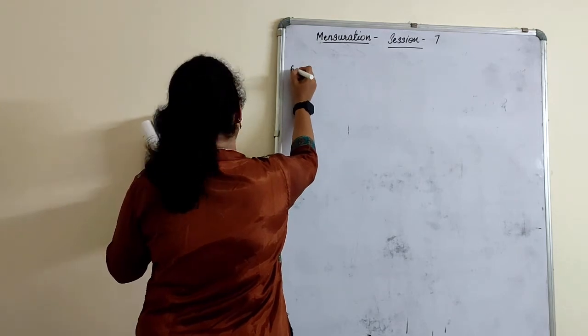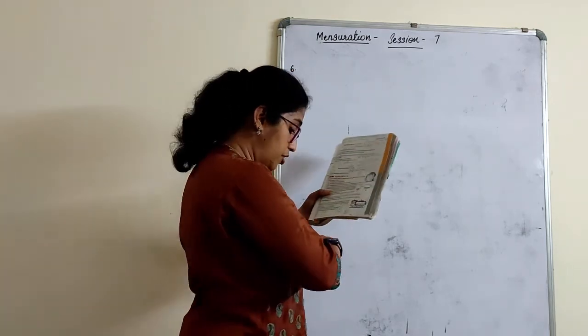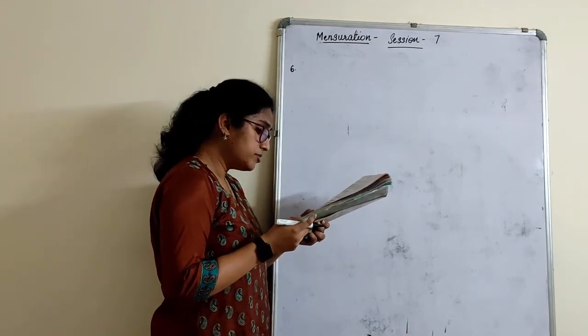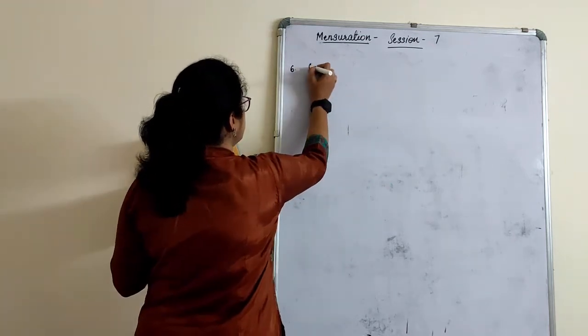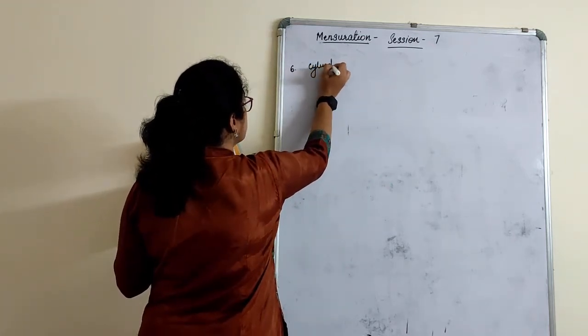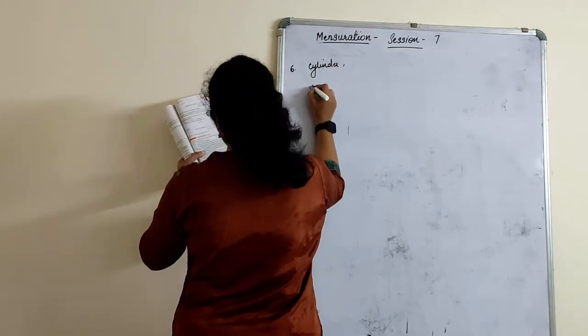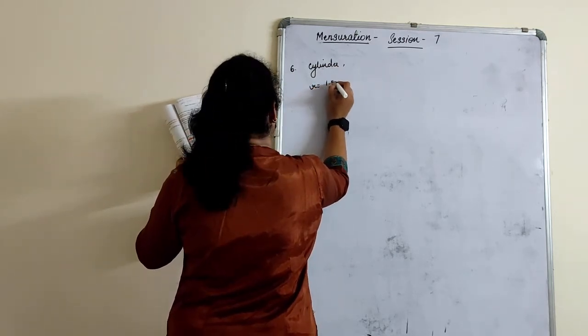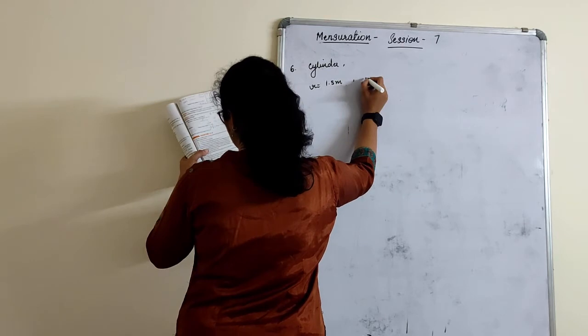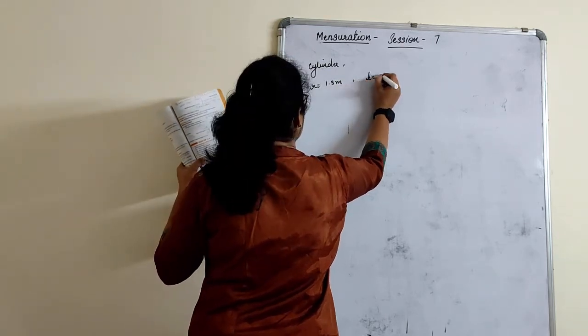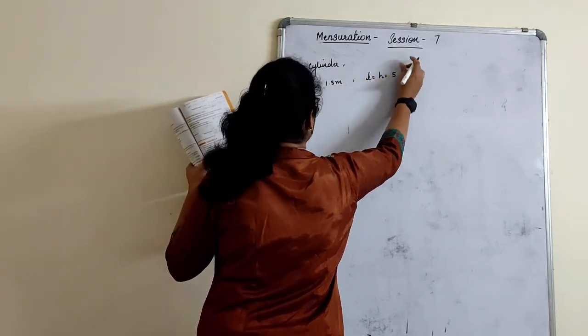Sixth one. A milk tank is in the form of a cylinder whose radius is 1.5 meter and length, which is nothing but height, children, is 7 meter.